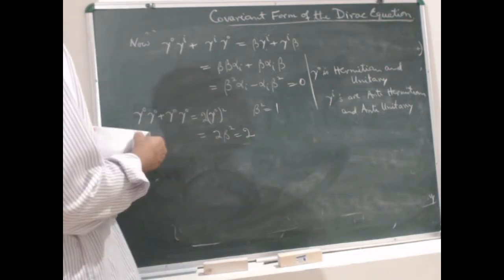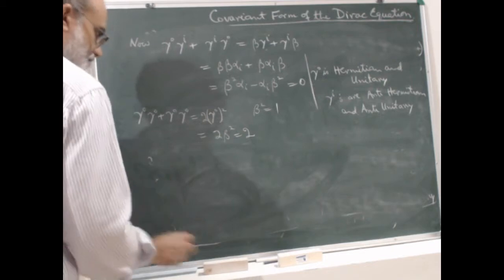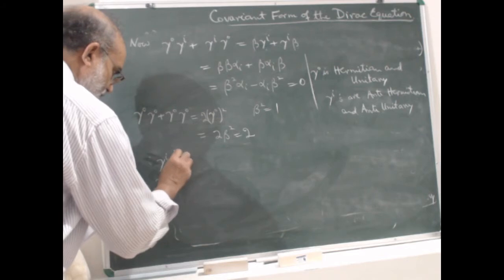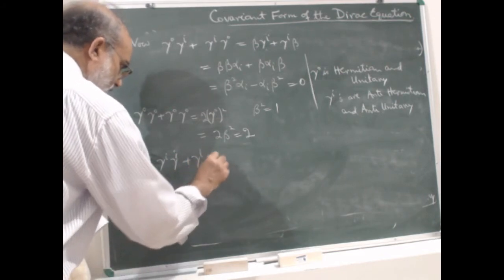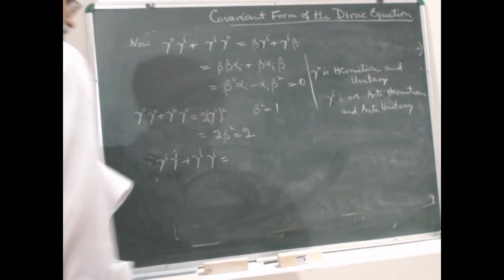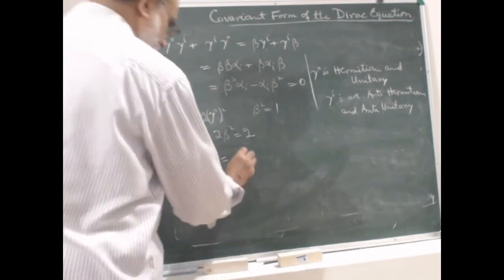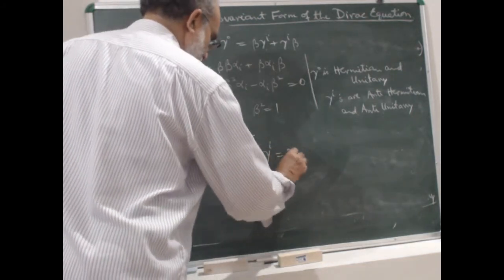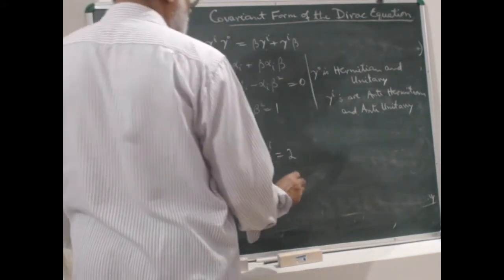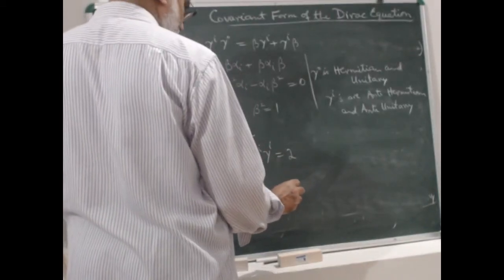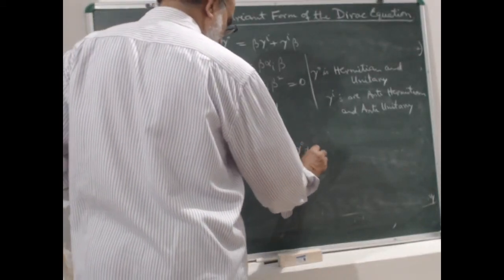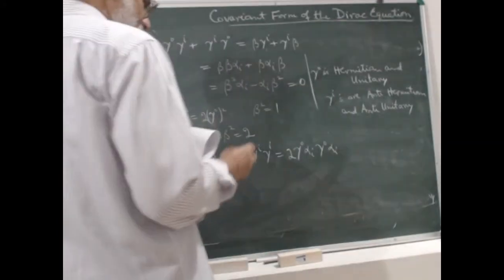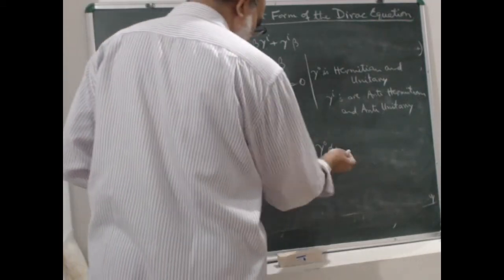Now take gamma I and gamma I plus gamma I and gamma I. So this will be 2 times gamma I, and gamma I is gamma 0 alpha I, and gamma 0 means beta.